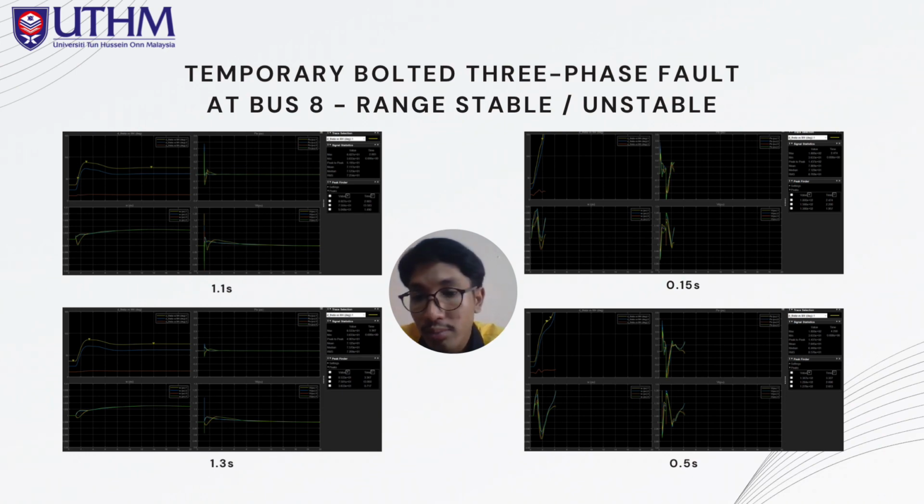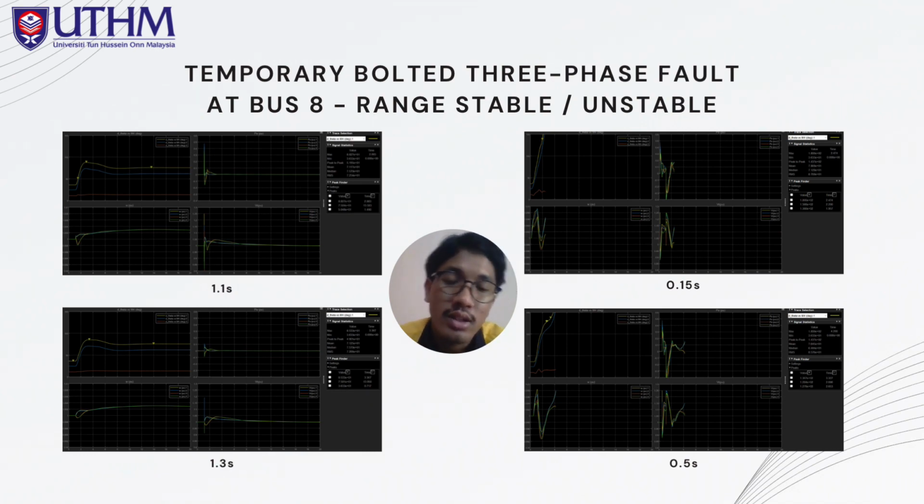Same goes for the 1.3 seconds, because it is also a stable condition, because the switching time is 1 to 6 seconds, and that duration is still in the range of the switching time.